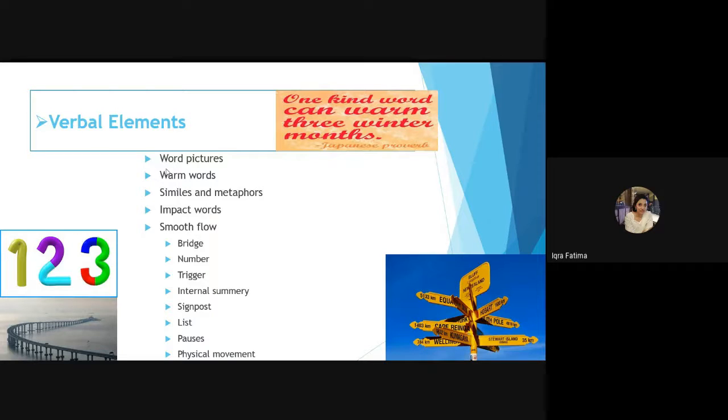Here I want to give you an example. If you have seen the advertisements about juices, first they used the word juice, and then they started using the word pulp. It's a fresh and pulpy orange. So they started using more warm words which hit your emotions.